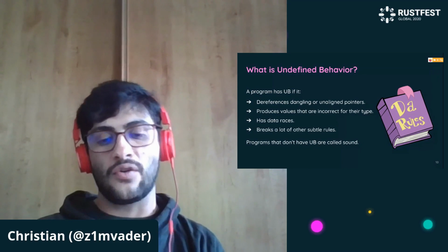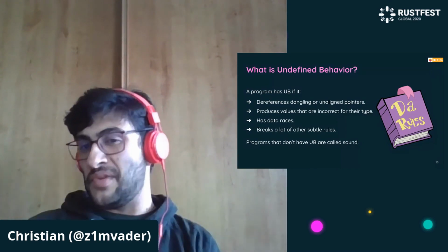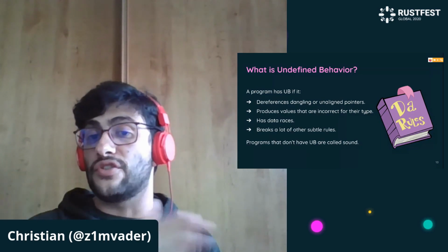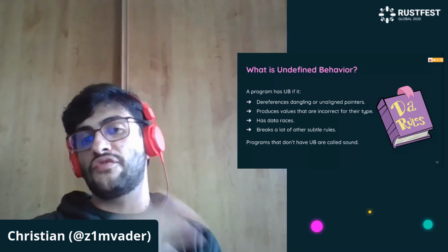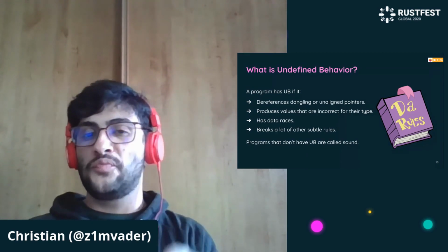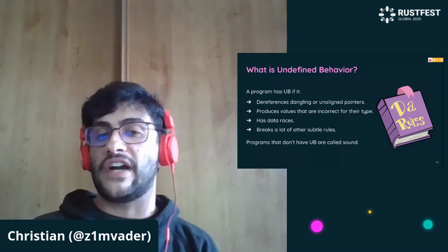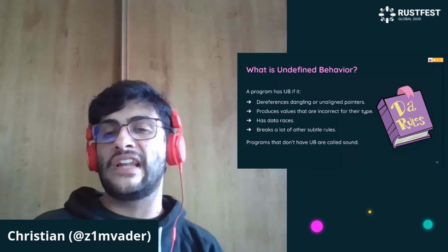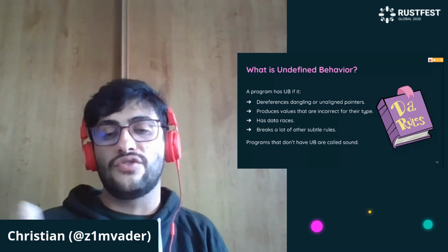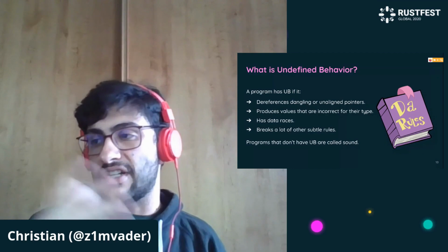A byte has 8 bits, so you have a lot of values you could use. 1 is true, 0 is false. But if you take a 3 and try to put that into a Boolean, that is undefined behavior, because 3 is not specified as a Boolean. The compiler doesn't know what to do if it sees a 3 instead of a 1 or a 0.